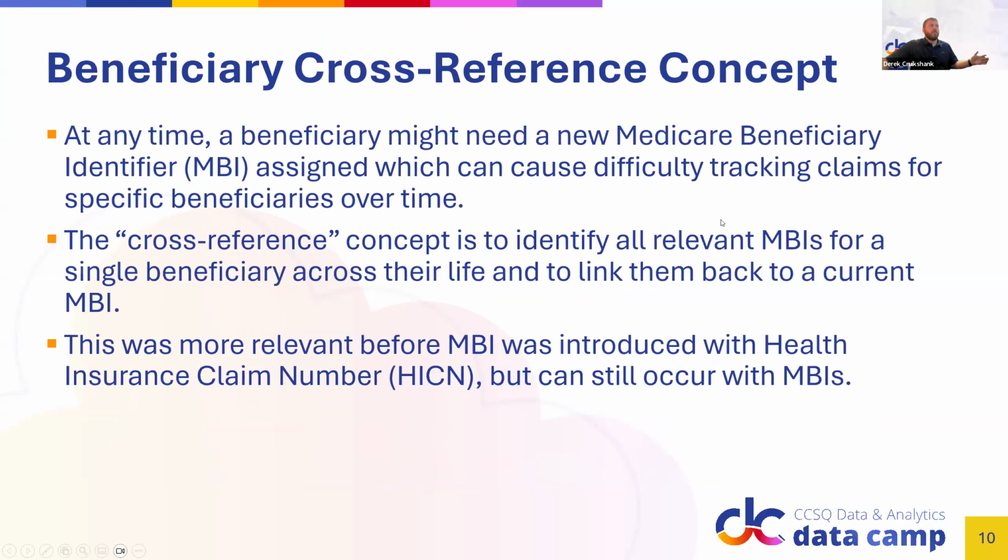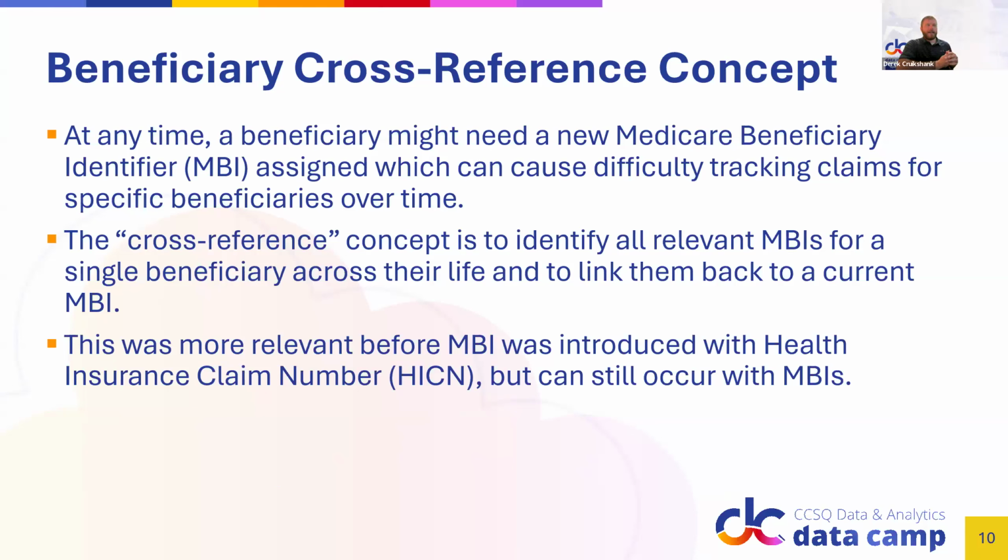And then there's what I talked about as the cross-reference concept. What is it? At any time, a beneficiary could be given a new Medicare beneficiary identifier. I'm going to keep this very specific to MBI right now, since that's more relevant than HICN, although if you go back in time, HICN will be more relevant.